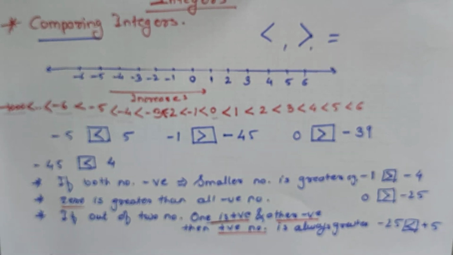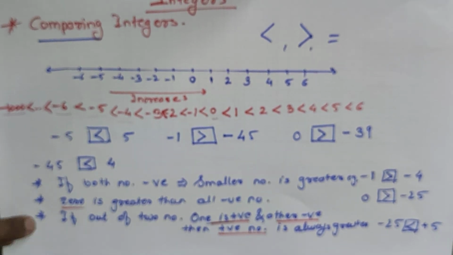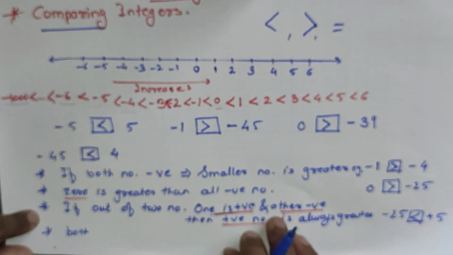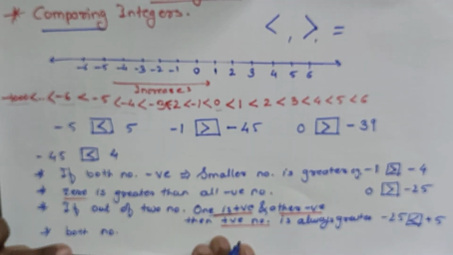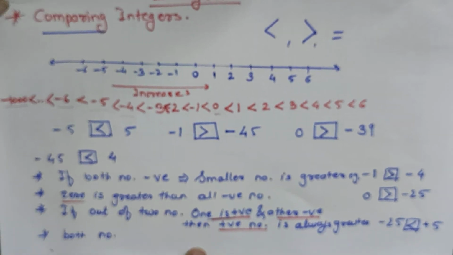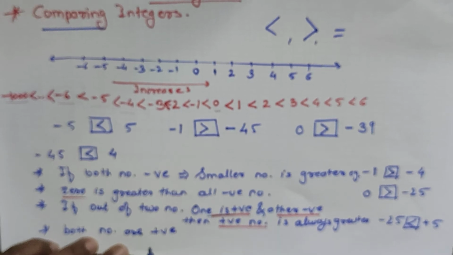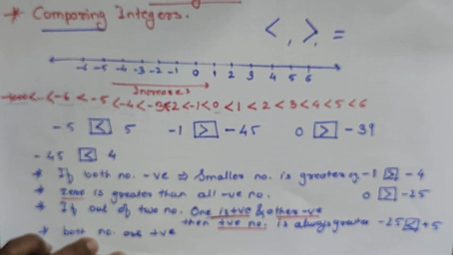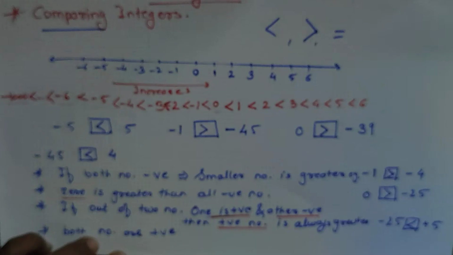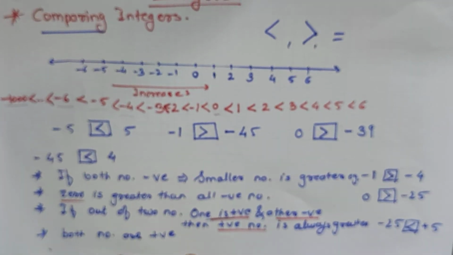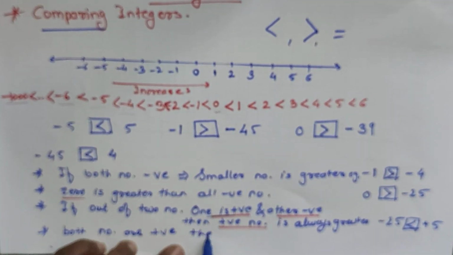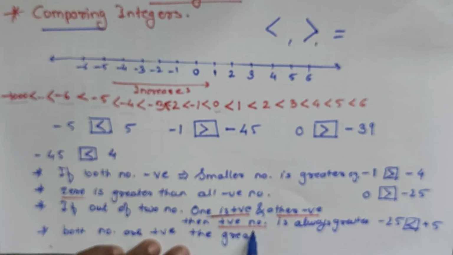Okay, so from this what we understand is, if both numbers are positive, then the greater number is greater.